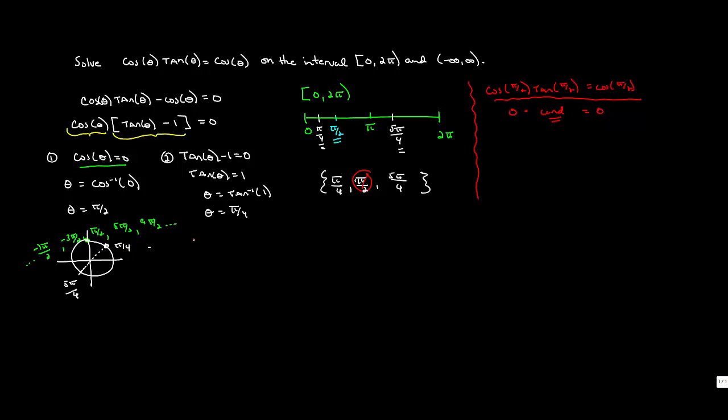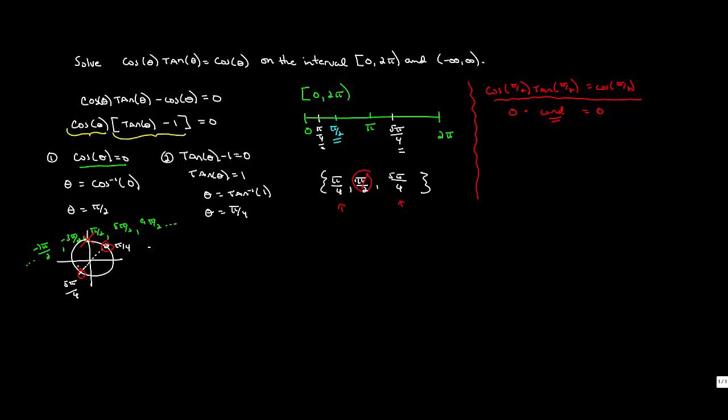Now, to find these guys from negative infinity to infinity, we just have to look at these two guys right here. And we have to add or subtract 2 pi to them, because this guy did not work, this guy worked, and this guy worked.